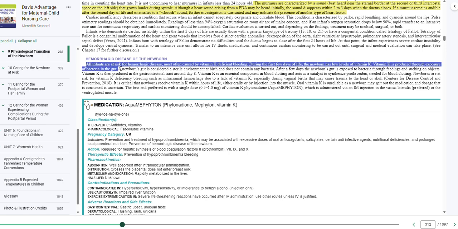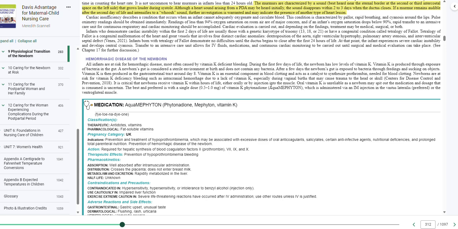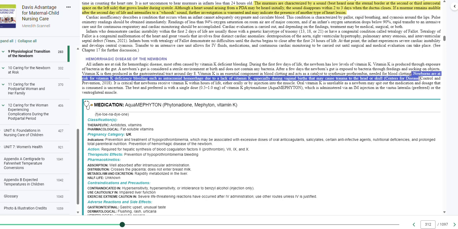Wink and a lollipop. All babies are at risk for hemorrhagic disease, most often caused by vitamin K deficient bleeding. Another wink and a lollipop. Babies are at risk for problems from vitamin K deficiency, such as intracranial hemorrhage, especially during vaginal births that can cause head trauma to the skull.